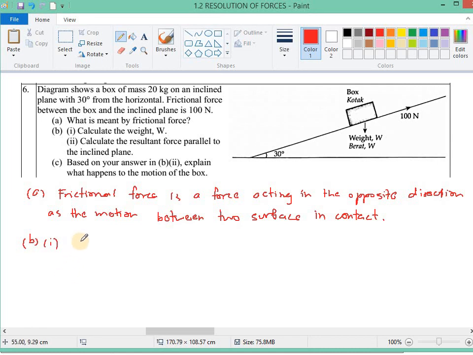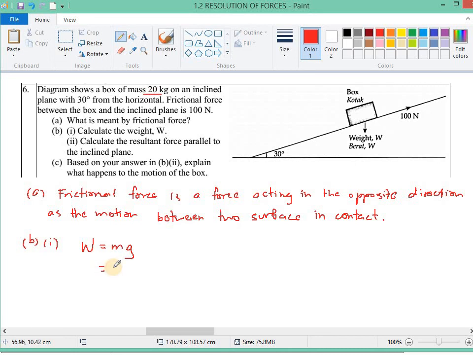Calculate the weight. What is the weight of the box? The box is 20 kilogram. Weight W equals the mass times the gravitational field strength.